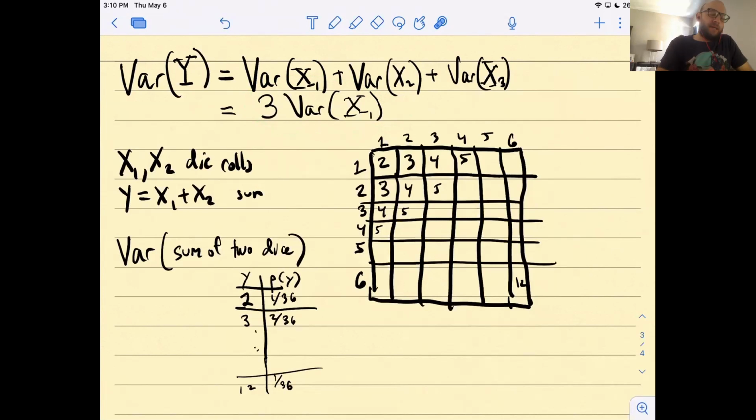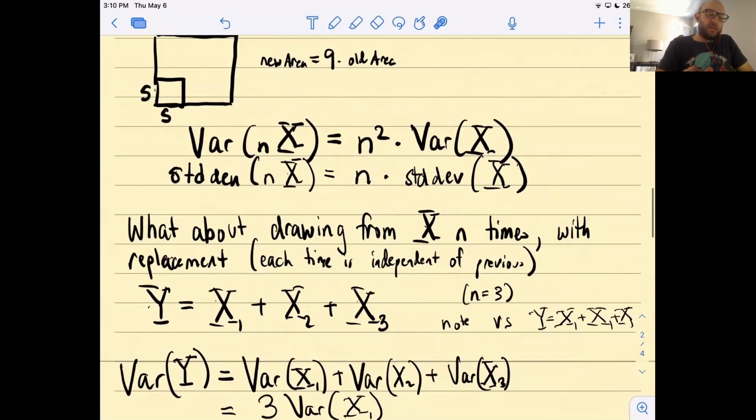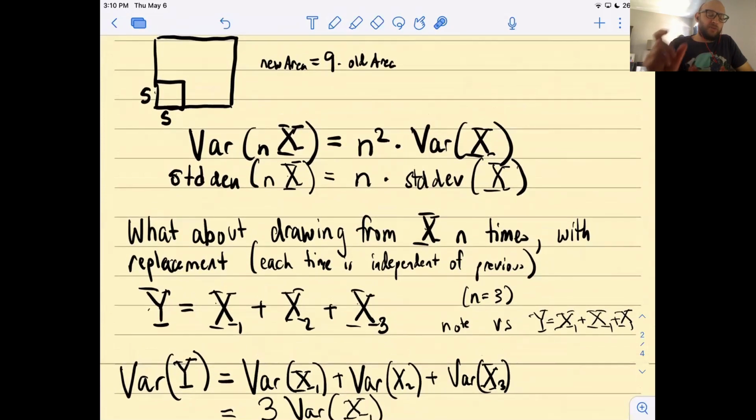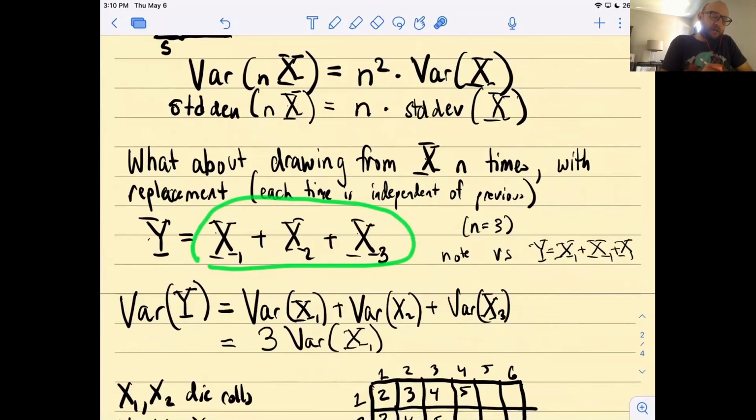So this is the key concept: if you do the same thing, the actual same outcome, and just record it multiple times, or you just scale your original random variable by n, you get an n squared that pops out. But if instead you're adding up n different outcomes coming from identical distributions, the variance only multiplies by that n.